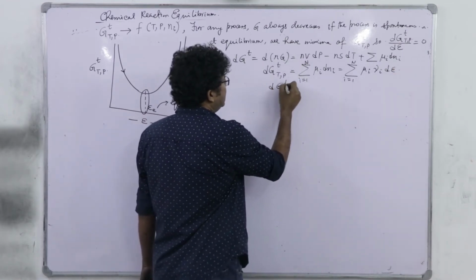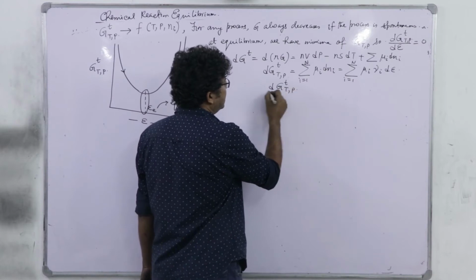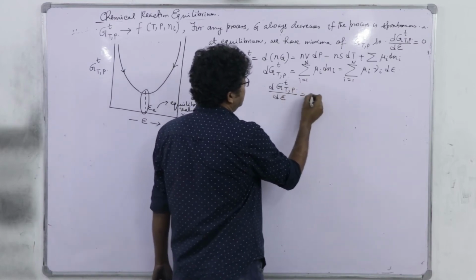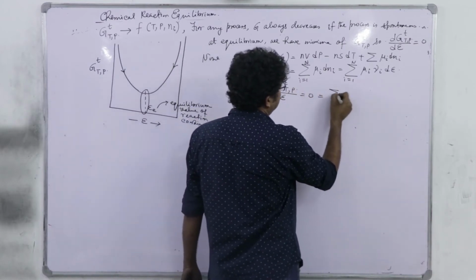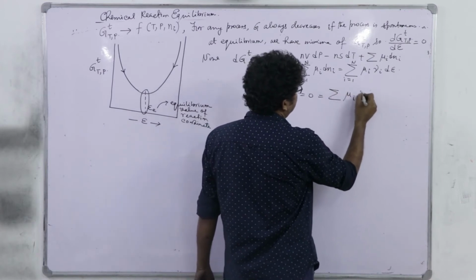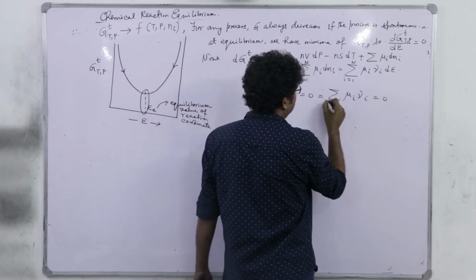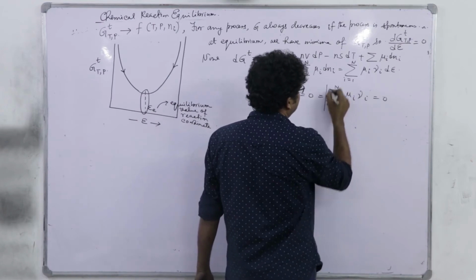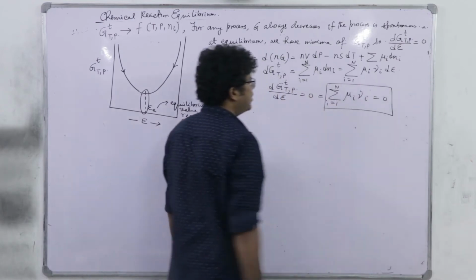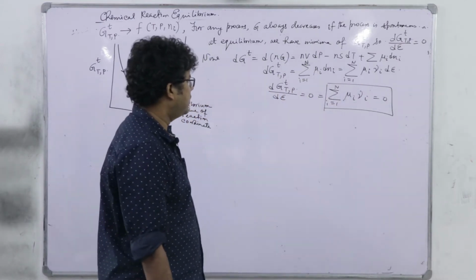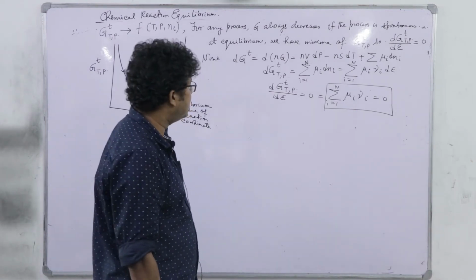So, d of Gt at T, P over d epsilon is equal to 0 means summation of mu I into nu I equal to 0, I equal to 1 to N, and that is the condition of chemical equilibrium.